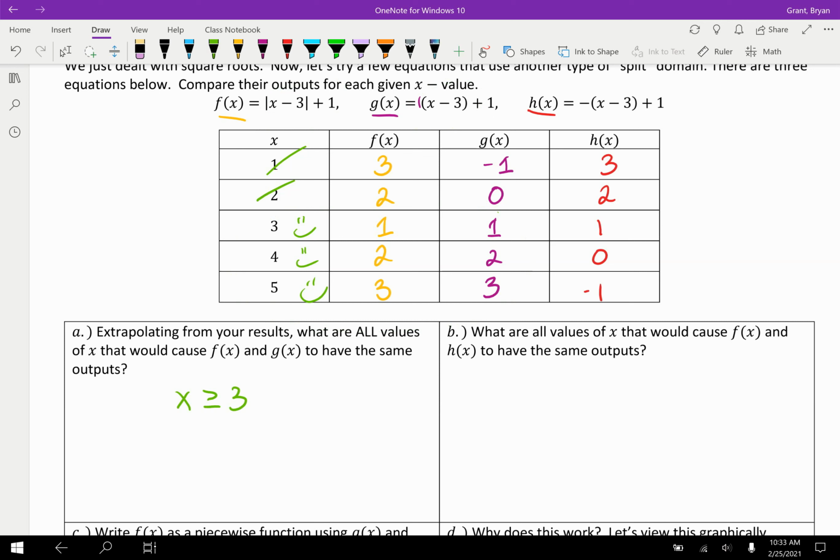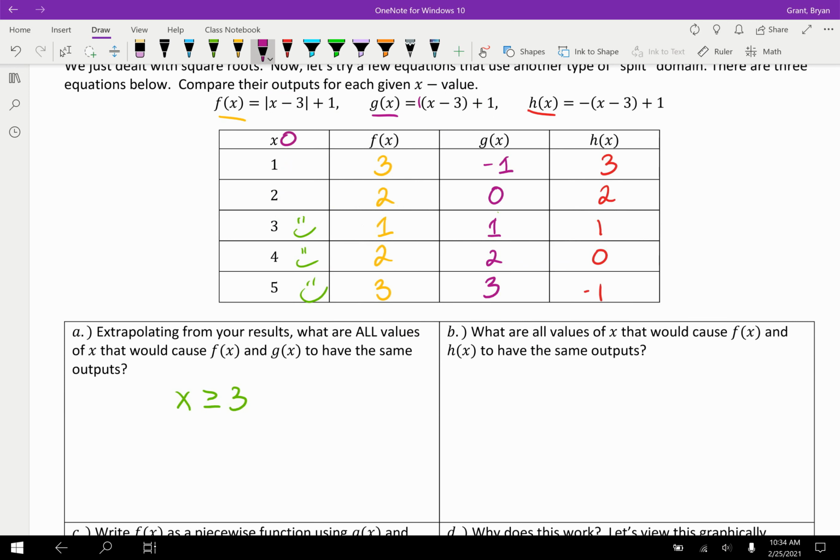Cool. What about the same thing for f of x and h of x? Well, they have the same outputs at 1, and also at 2, and also at 3, but at nothing above that. So it looks to me like 3 and smaller will work. Just to double check though, let's try 0.